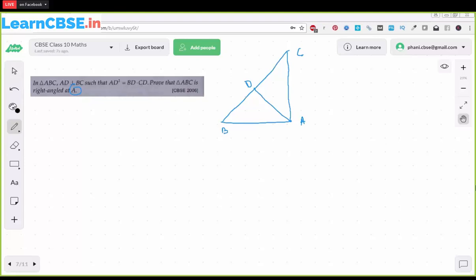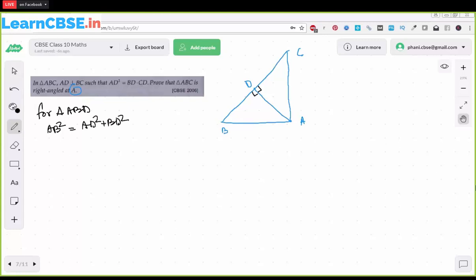So we know these two are right angles. For the first triangle, triangle ABD, we can write AB square equals AD square plus BD square.